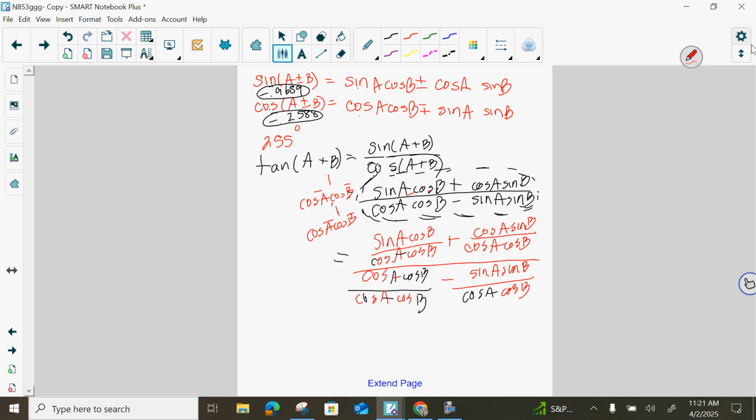All right, Parker, what can cancel right here and what's left? Which is tan A. Lauren, how about right there? What cancels? Top right. Cosine A's, and what do I have left? Tangent B. All right, Alex, how about over here?